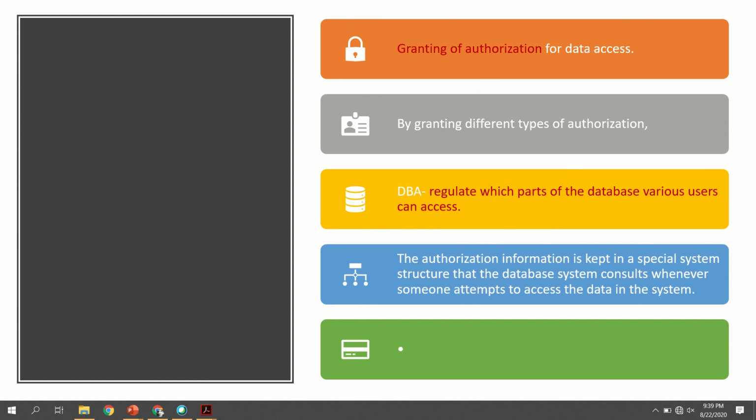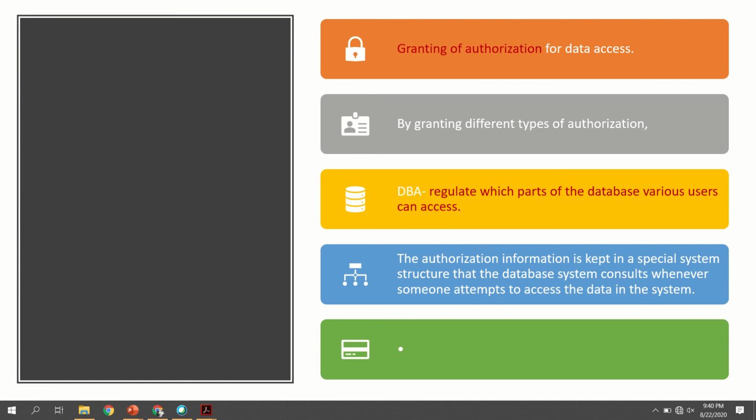They cannot access other information about the college. That is their view. In the case of teachers, teachers can access details about the students and their own details. So it is the view of a teacher. Like that, it is a task of the database administrator to regulate which parts of the database should be accessible to different types of users.